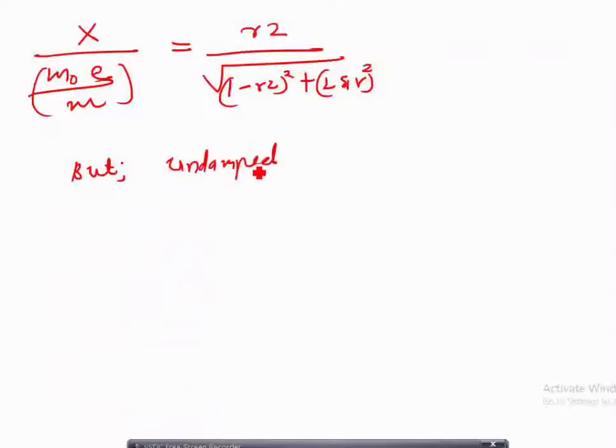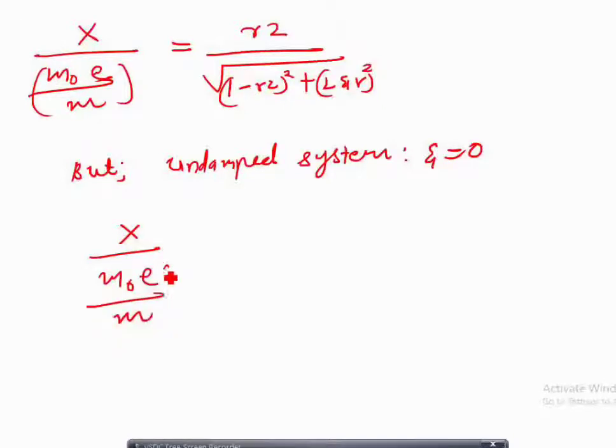That means we are using the isolator as a stiffness k only, there is no damper in the system. For an undamped system, we know that ζ is equal to 0. So this formula will get modified. mε upon M will remain as it is, equal to r square upon 1 minus r square. Now this term will become 0.